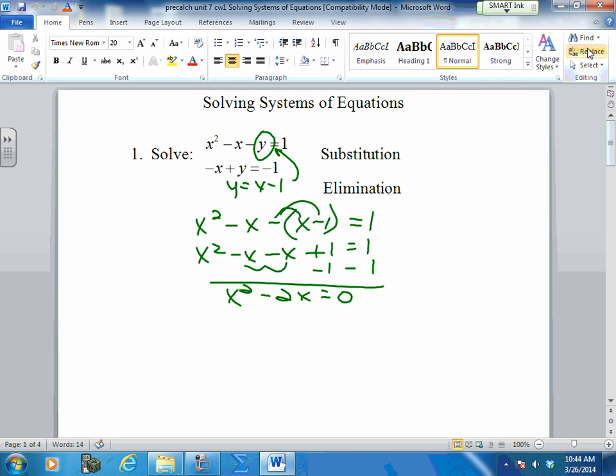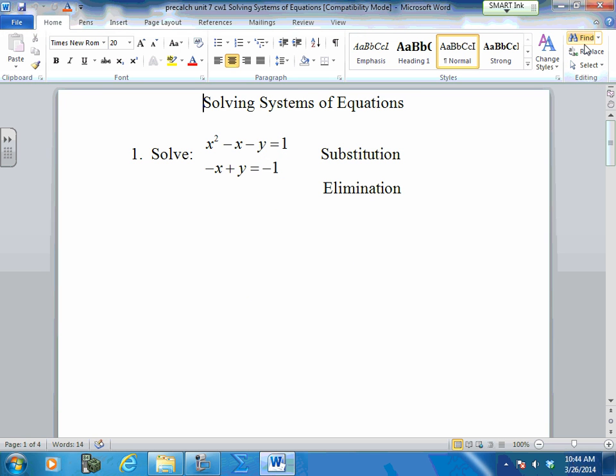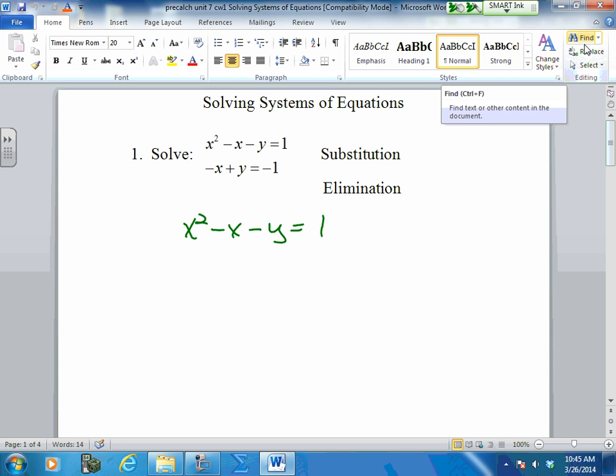Now, third way, elimination. Sometimes when you line these up, you can add them down to eliminate one of the variables. So I'm just going to write this so that we line them up. This guy is a negative x, I have no x squareds, plus y equals -1.